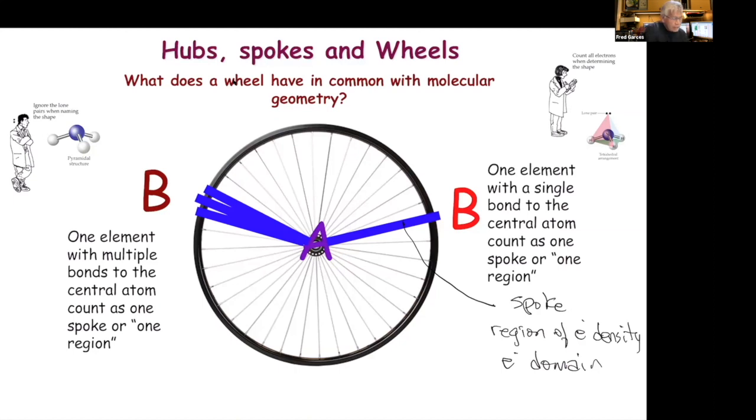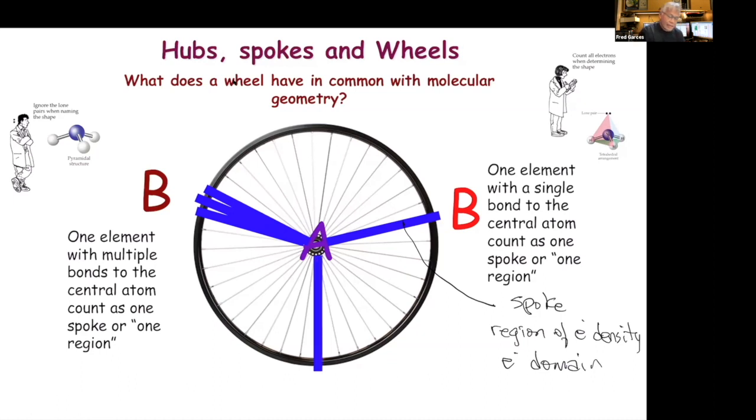One domain. So in this example that I have right now, you see two domains, two regions of electron density, two spokes. Even though this is a triple bond, it's pointing in one direction, so that counts as a single domain, a single region of electron density, a single very strong spoke, okay?